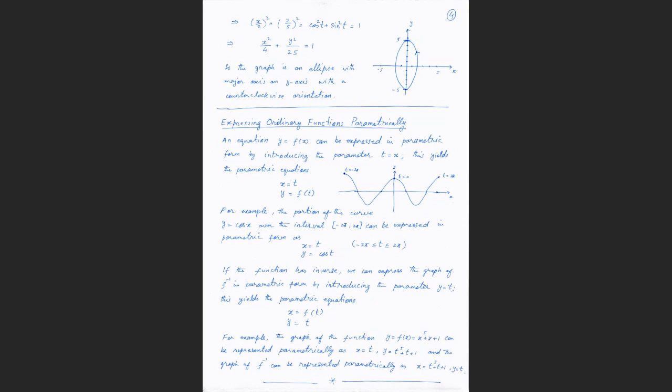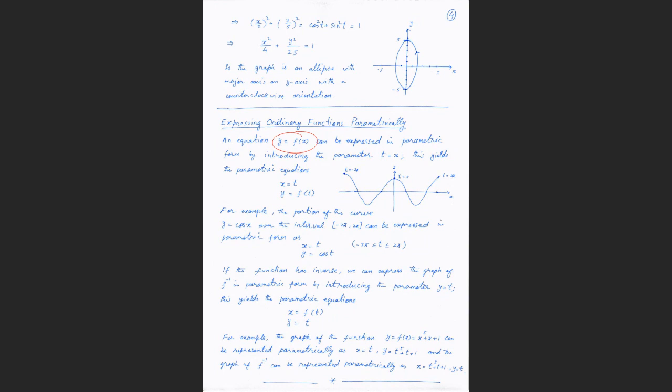What are the parametric forms? There are two parametric equations. So how can you write one function in the form of two equations? This is the method by which we can express any function in parametric form. For example, if you have a function which is dependent on x, y is equal to f of x.